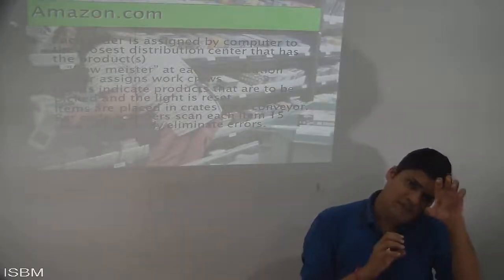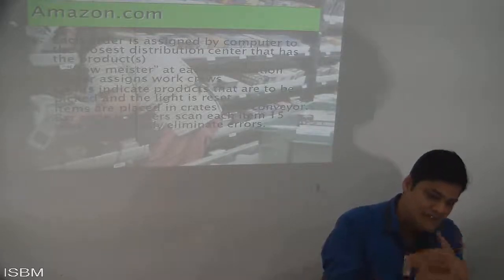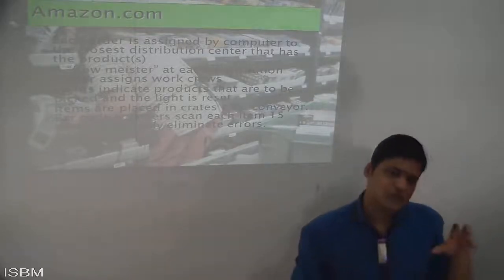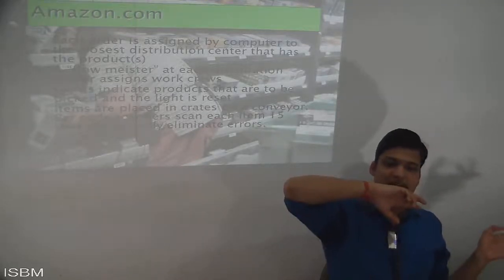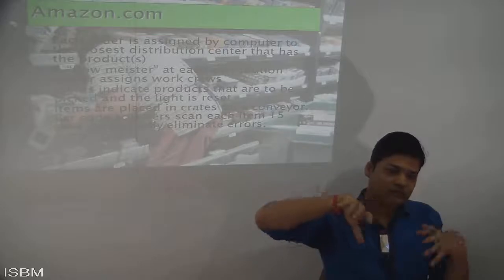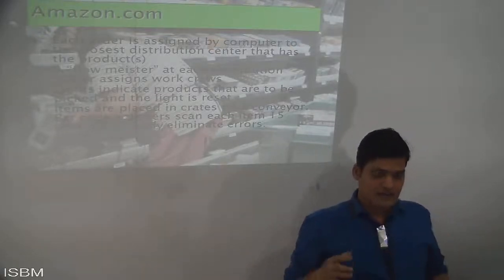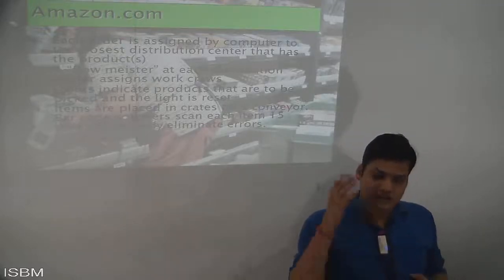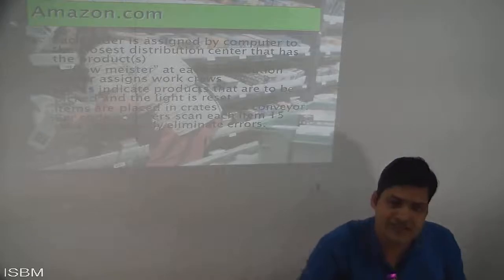The database center stores it in their database. When the machine scans again, it matches against the database to check whether that barcode has already gone. So this kind of error will not come, where the same barcode is used for more than one product. Amazon has this kind of facility.